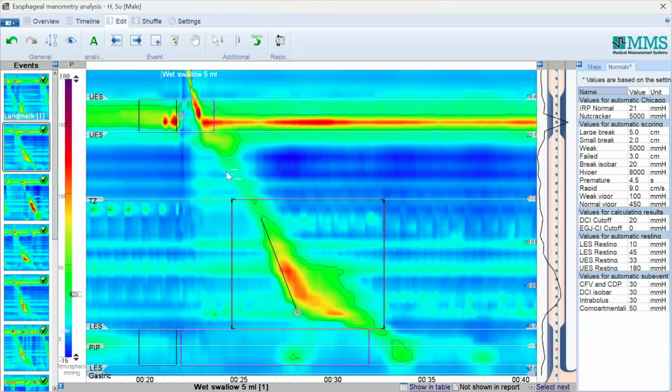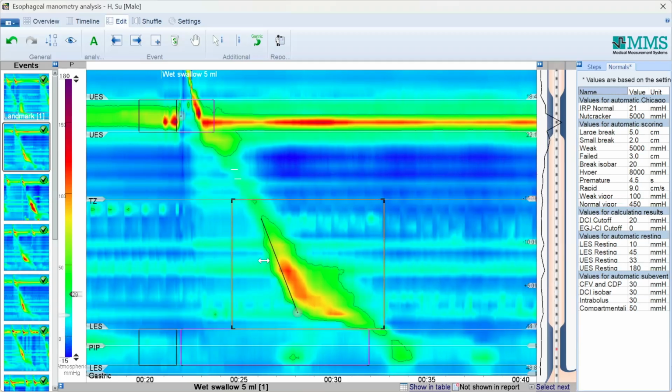Now the body of the esophagus as numbers. If we are talking about numbers or parameters that we have to measure, we have here this box.